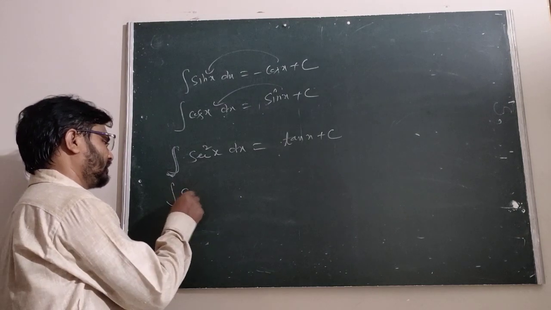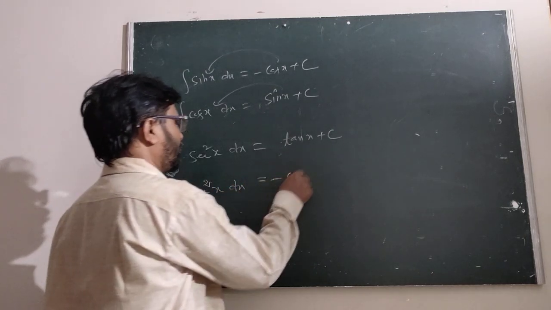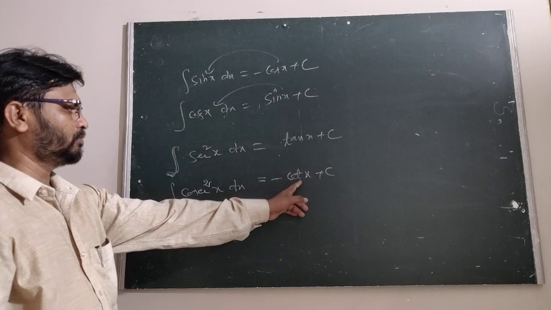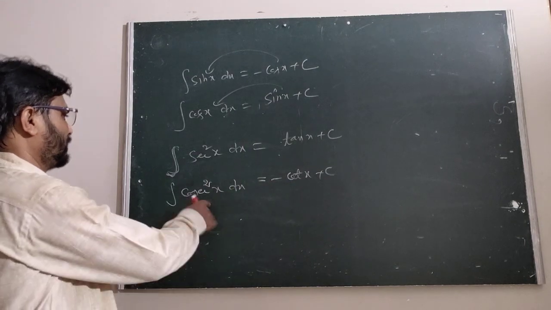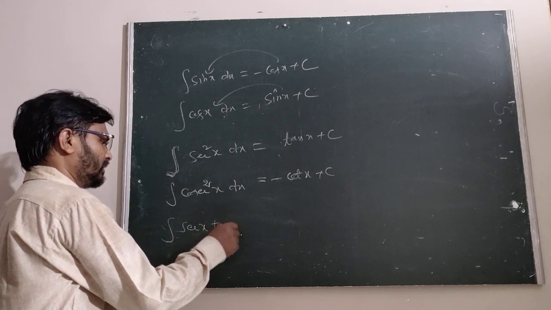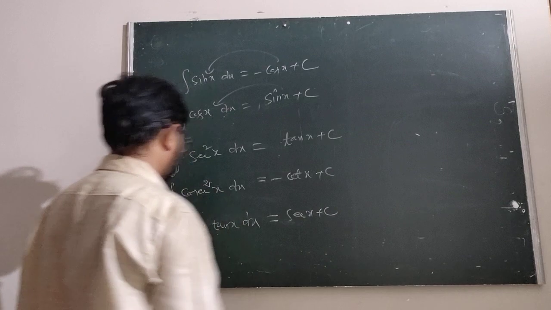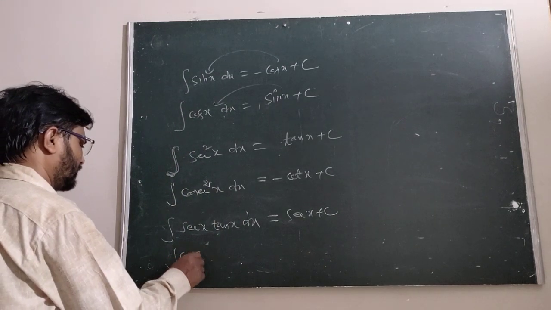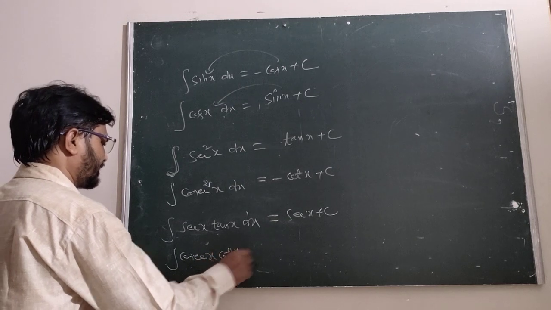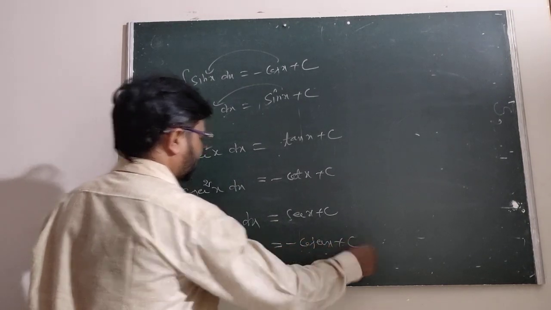Now the next one: the integral of cosecant square x dx is minus cot x plus c, because the derivative of cot x is minus cosecant square x. Then you can write the integral of secant x tan x, which is secant x plus c.